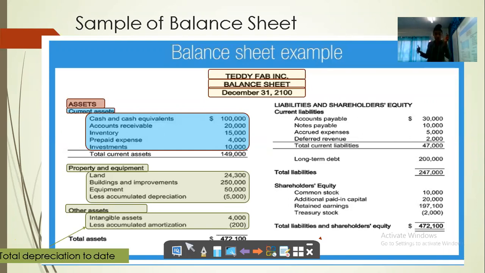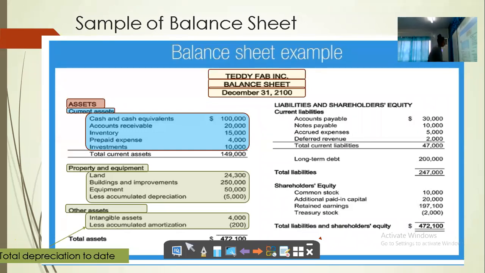They're not the same value that you've purchased them for. They've worn out and have been used over time, so less accumulated amortization. Very expensive word here. So that is showing the value that it is worth now, the worn down value.